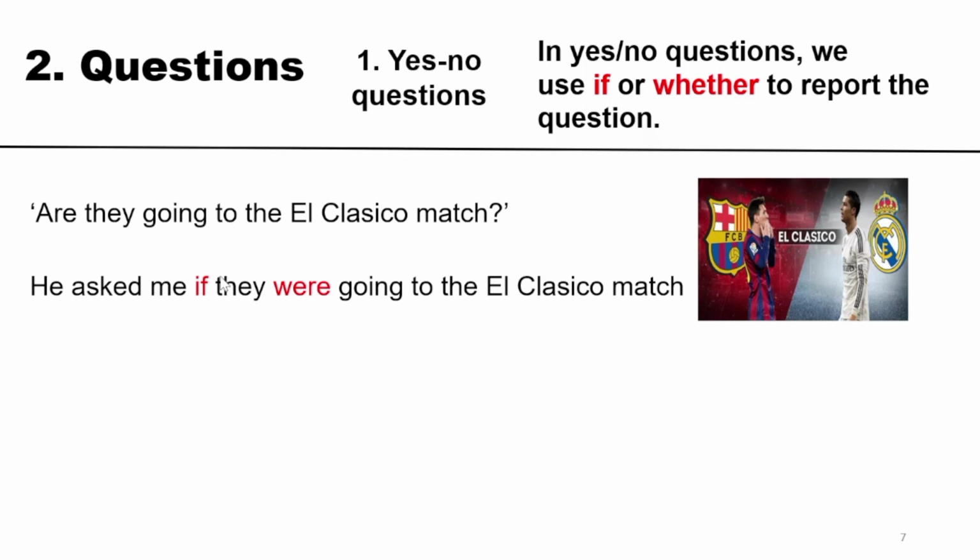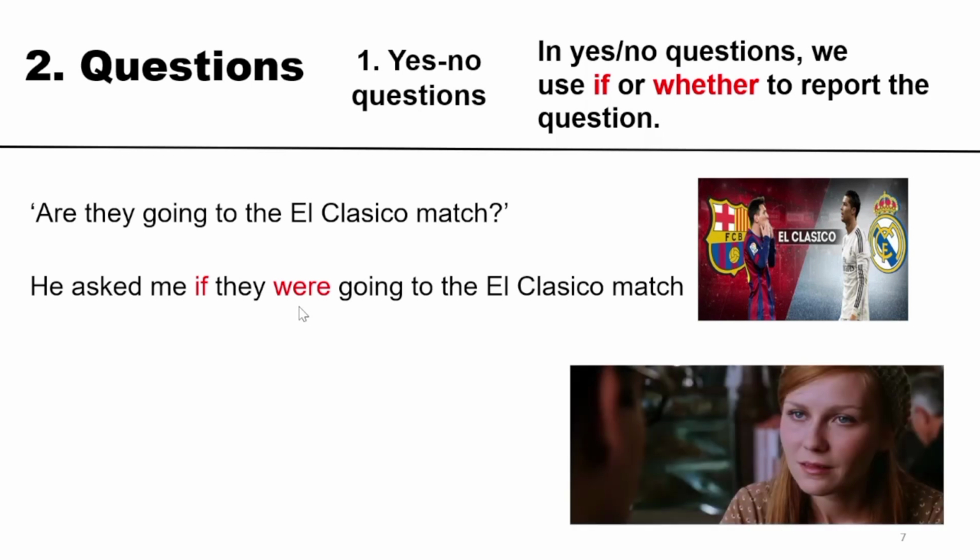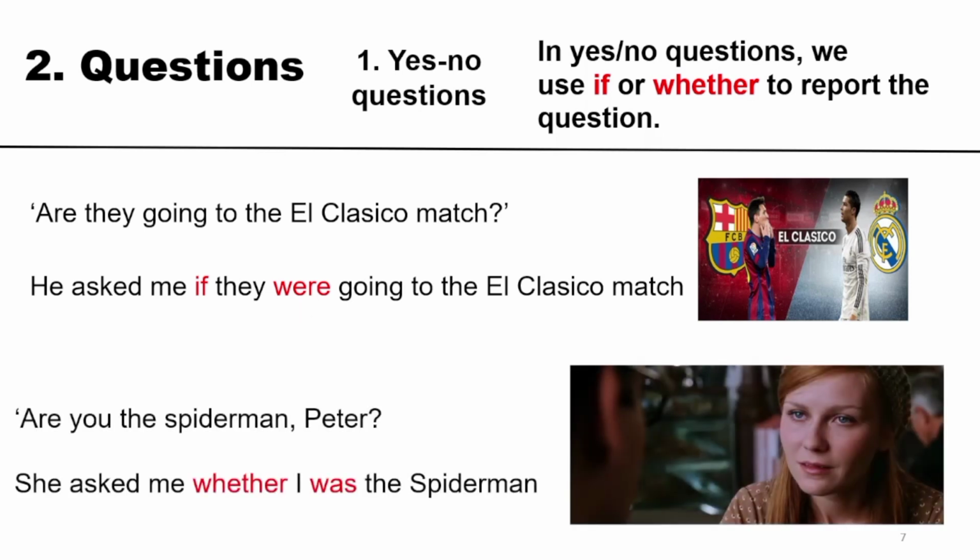Here we have if, and then we have a verb change from are to were, from present to past. The second example: Are you the Spider-Man, Peter? She asked me whether I was the Spider-Man. So this is the report from Peter.